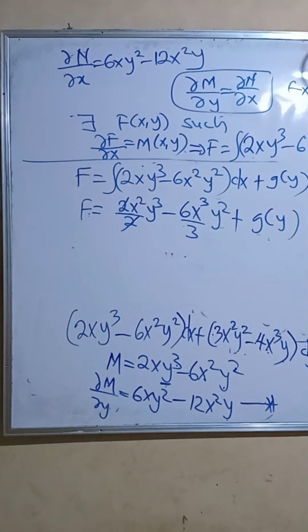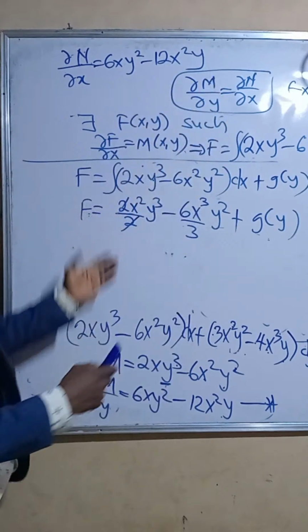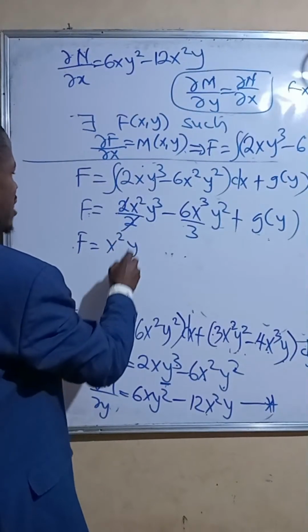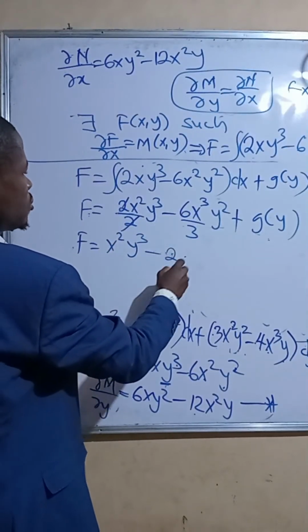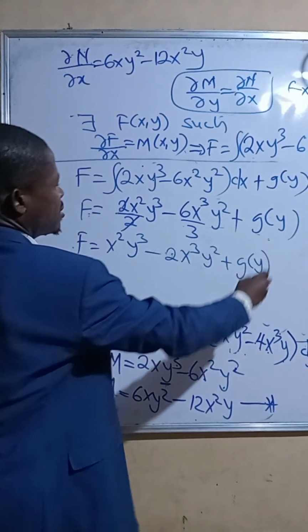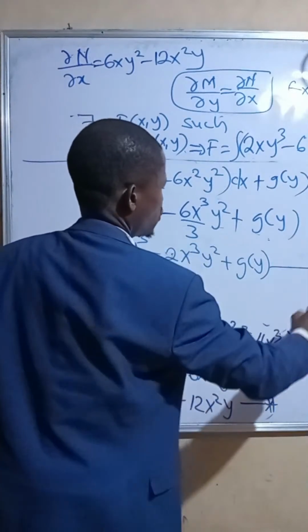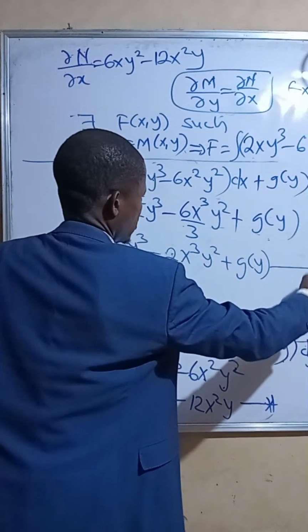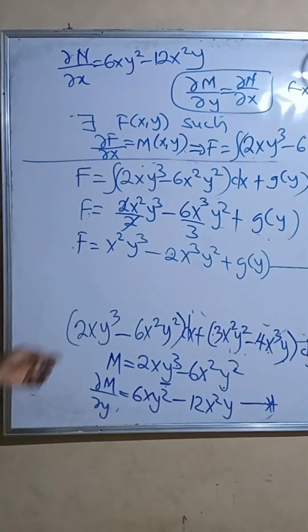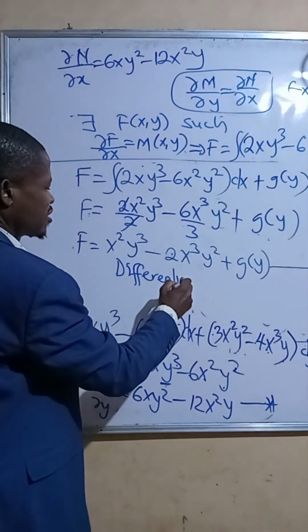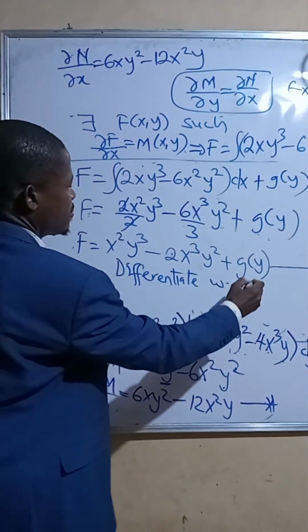Okay, so this is what we have now. Then f is equal to x squared y cubed minus 2x cubed y squared plus g of y. Call this equation 1, whatever name you want to call it, with an asterisk there. Then what we now do is to differentiate this equation with respect to y.